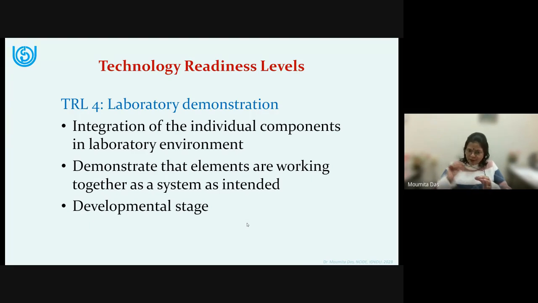You add the thread also and the label also, and then you demonstrate to everybody that this whole product is working. Now you have not innovated upon the thread, you have not innovated upon the label, you have not innovated upon the tea, but you have innovated on that fabric, on that particular filter. But you add all those extra things to make it a whole individual product, and then you demonstrate that it works. This is called laboratory demonstration, and this is also at the developmental stage.